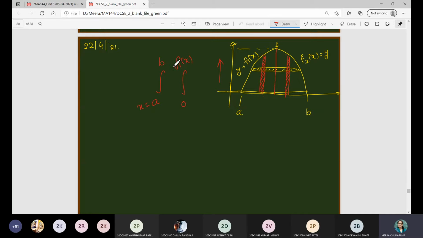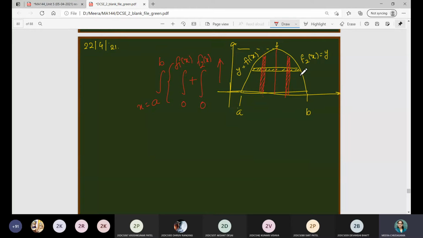So I have to first evaluate both of these integrations, and then I will be able to answer the corresponding integration. So you can see that if we consider the vertical strip, we have to determine two regions, whereas in the first case where we considered the horizontal strip, we have to determine just one region, right?